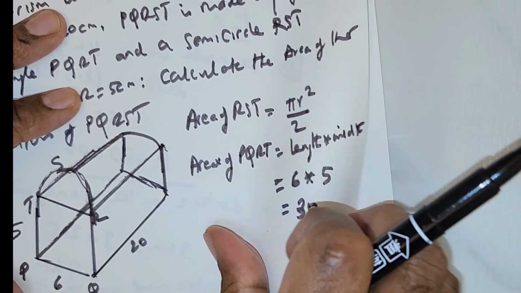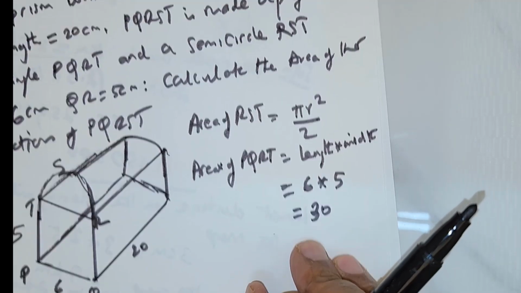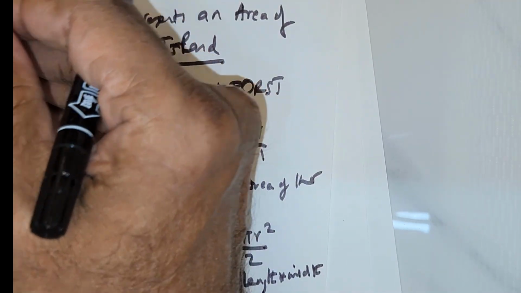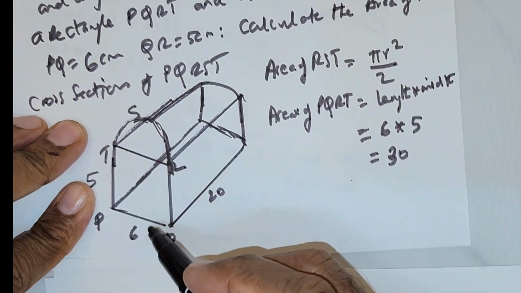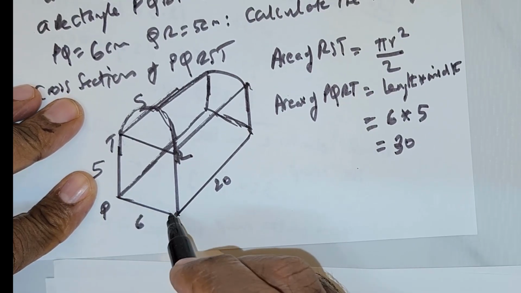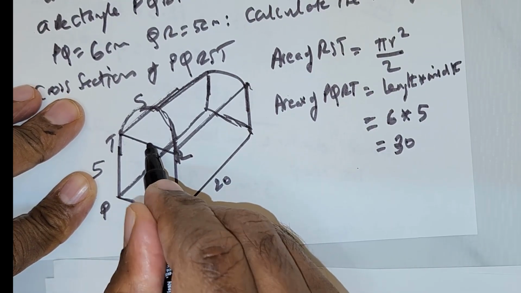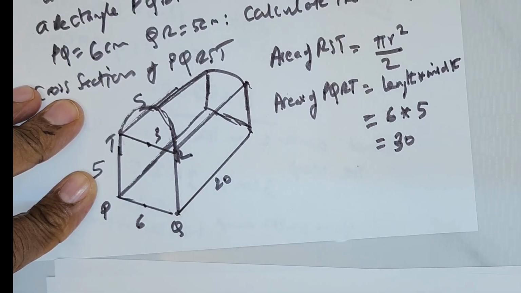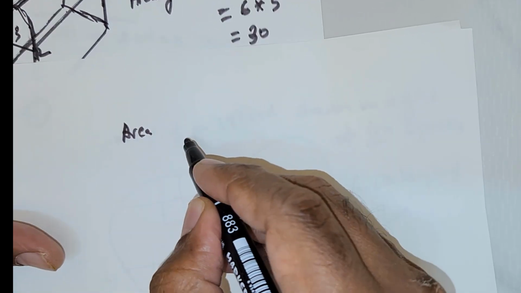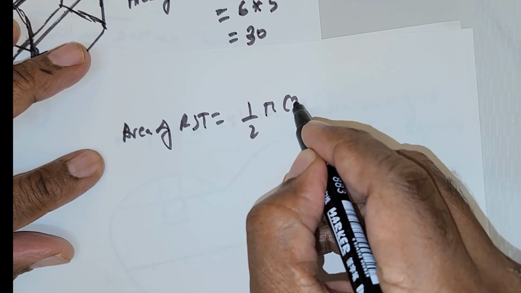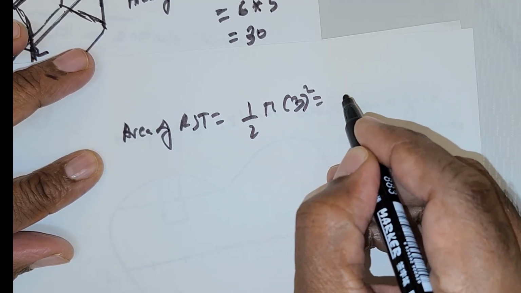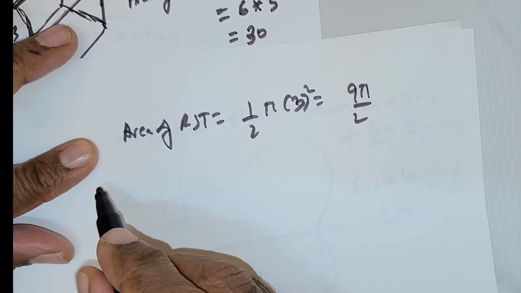So if we were to calculate the area of RST, so let me go to the next page. So you see here, the entire length is 6 units, so that means the radius is going to be 3 units here. Okay, so area of RST is going to be half times pi times 3 squared, which is going to be 9 pi over 2.